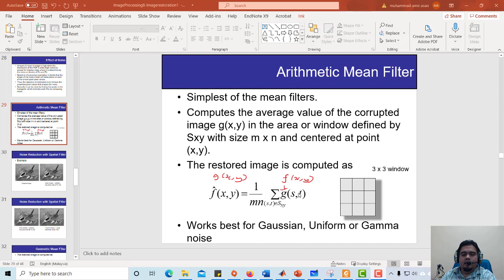And then after that I will try to prove to you that this is also similar to the average filter, how this computational expression performs the same operation as your average filter.